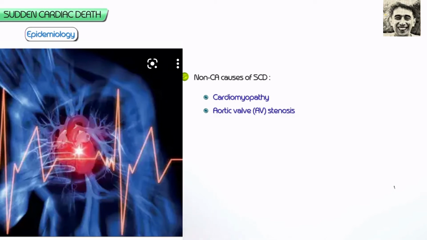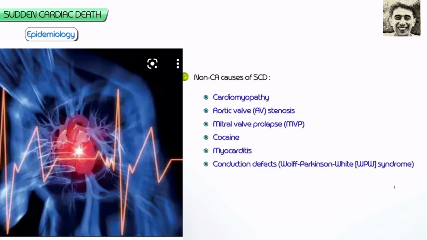These are considered to be the most common causes: first is cardiomyopathy and second is aortic valve disease, that is aortic valve stenosis. Other least common causes include mitral valve prolapse, cocaine abuse, myocarditis, conduction defects like Wolff-Parkinson-White syndrome, and prolonged QT interval.